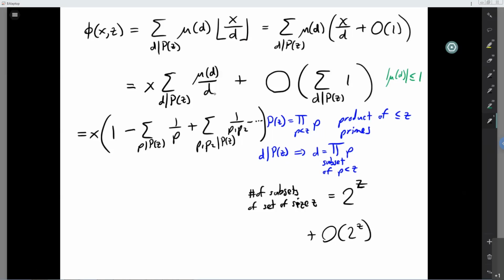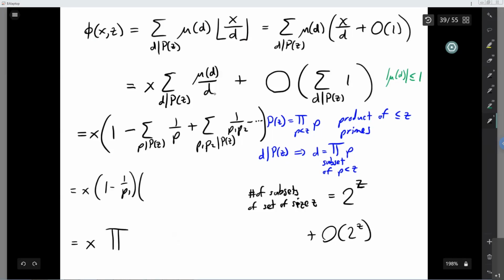Now, when we've written it out like this, it really is the multiplied out version of, maybe I'll write an intermediate step, x times (1 minus 1 over p1), (1 minus 1 over p2), (1 minus 1 over p3), etc. Because when you look at this product, for every single term, you pick either a 1 or a minus 1 over p. If you pick all 1s from this product, that's the one on the far left.